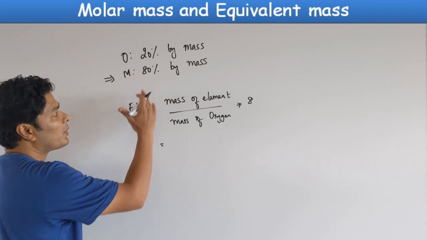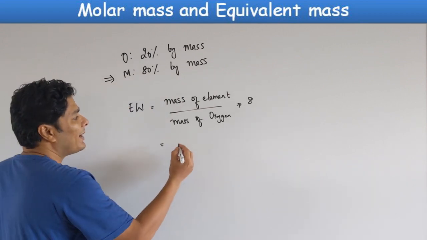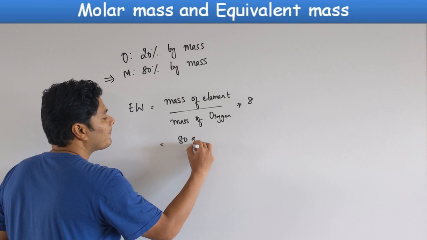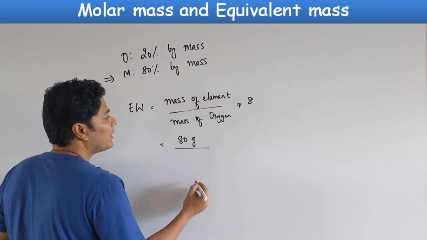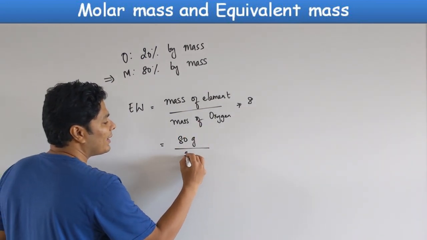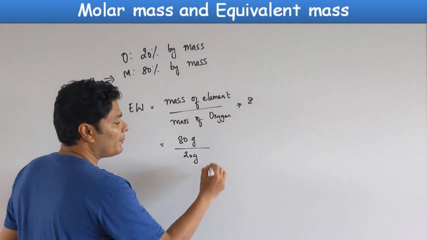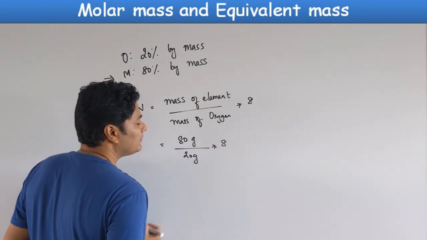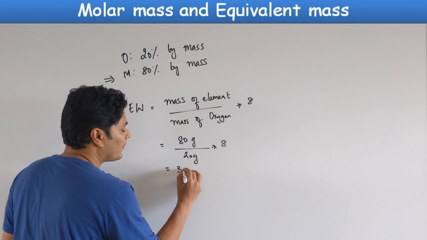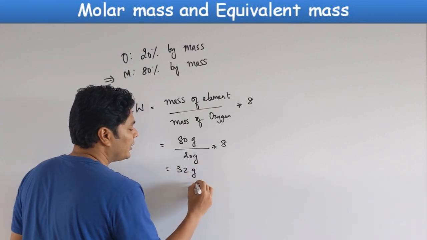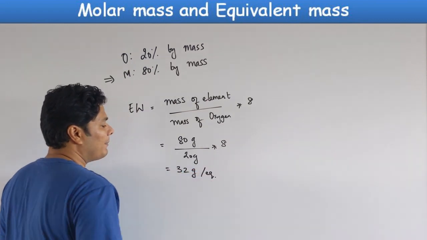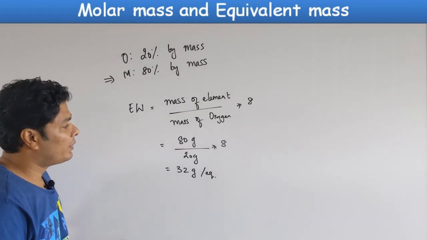Whenever they give you a percentage problem, you always take it out of 100. So the mass of the element is 80 grams in 100 grams of the compound, divided by the mass of oxygen, which is 20 grams in 100 grams of the compound, times 8. That would give you 32 gram per equivalent. This is one way of doing it.